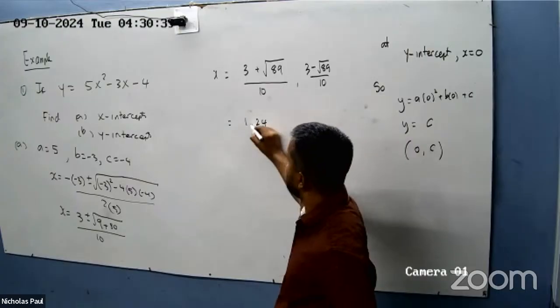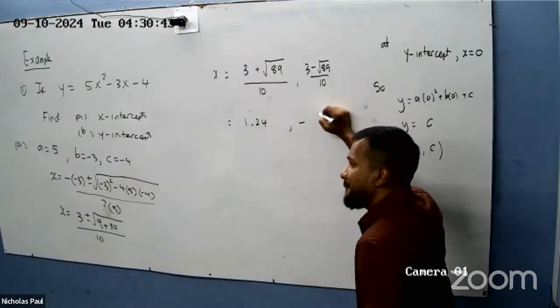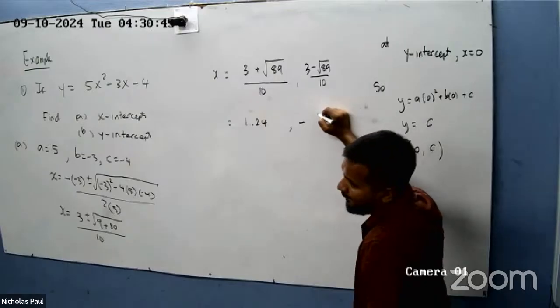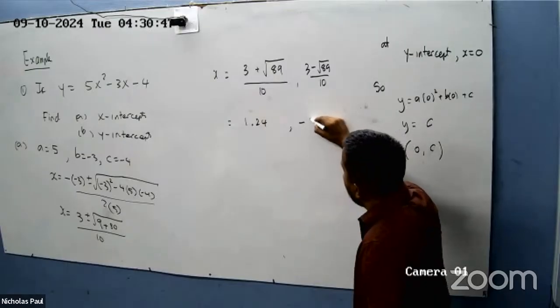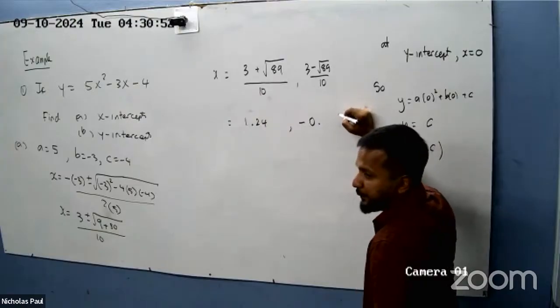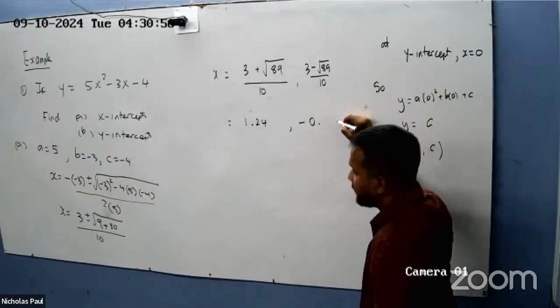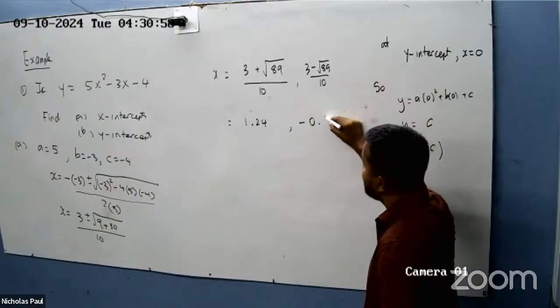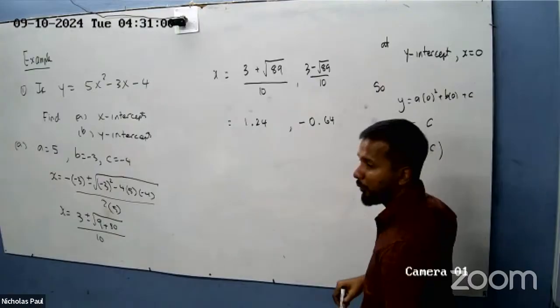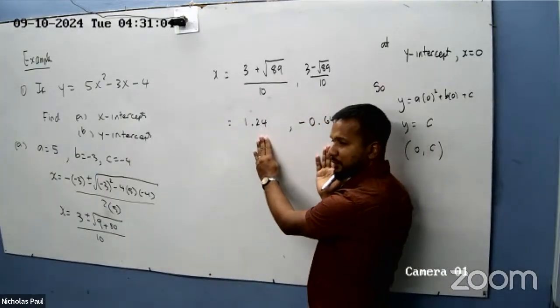And this one. Minus 0.64. All right. Okay. So when you solve, these are your 2 answers. These are your 2 x-intercepts.